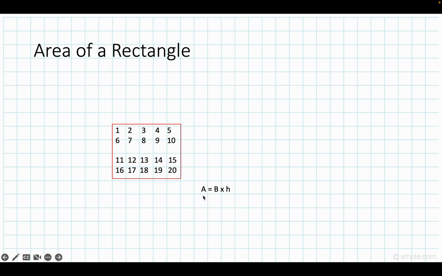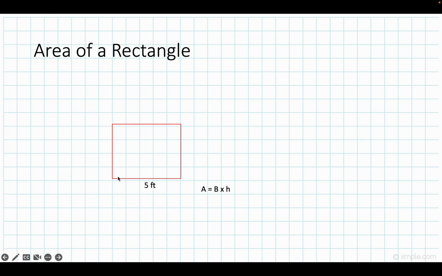First of all, the formula for a rectangle is the area equals the base times the height. I multiply this side, the base, times the height. So combine numbers. There are 5 squares here: 1, 2, 3, 4, 5.